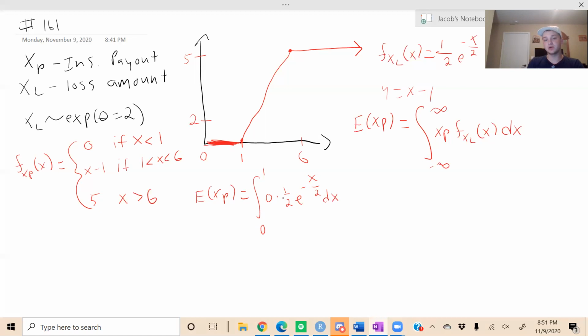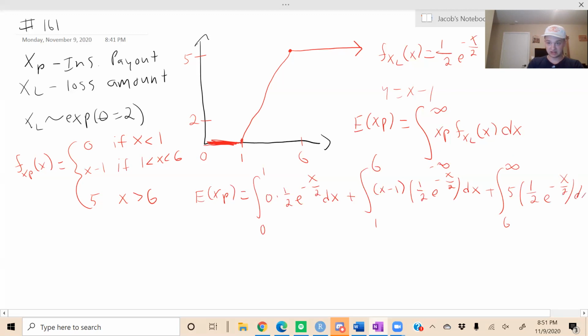Plus the integral from 1 to 6 of x minus 1 times the density of the loss function, which is 1 over 2 e to the negative x over 2 dx, plus the integral from 6 to infinity of 5 multiplied by the density of the loss function, which is 1 over 2 e to the negative x over 2 dx.